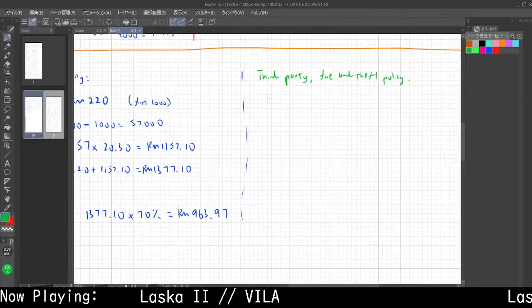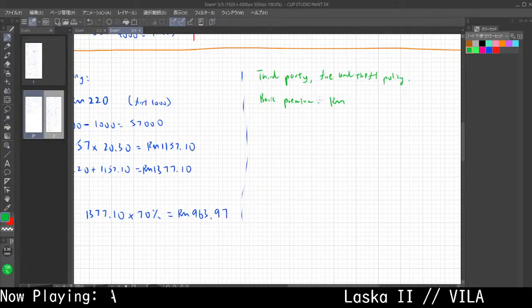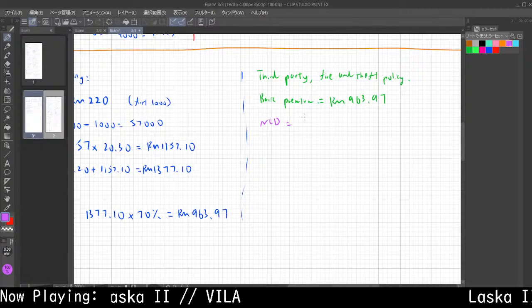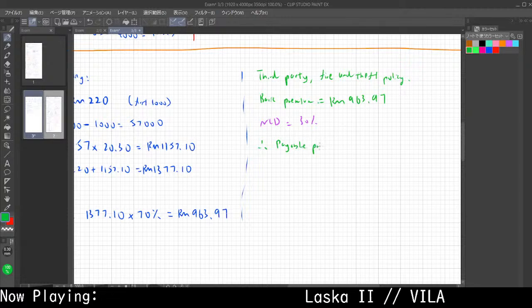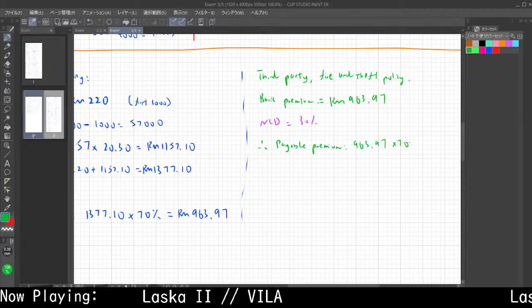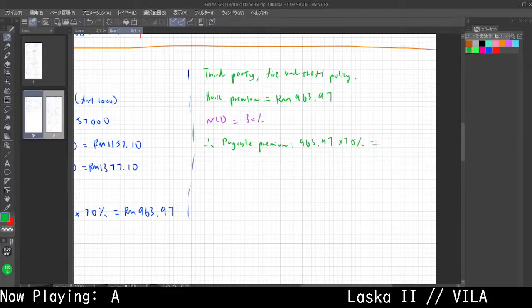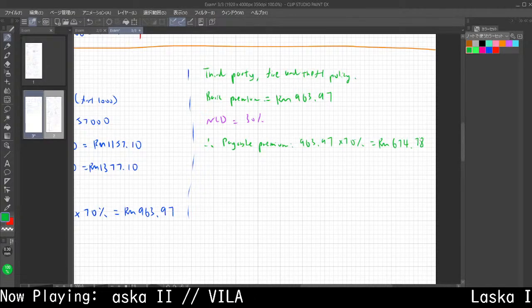So in this case, your basic premium would be the payable premium for comprehensive, and then you also have an NCD of 30%, therefore you multiply by the remaining portion, which is 70%.